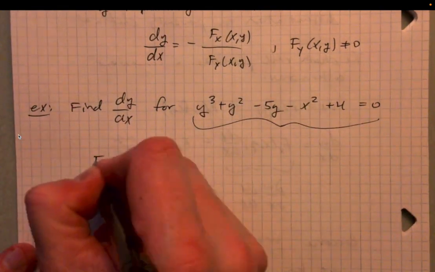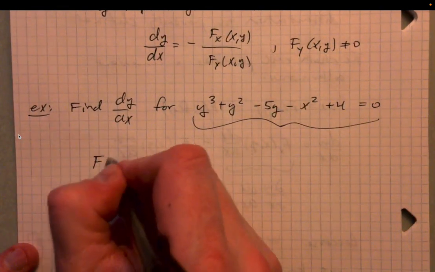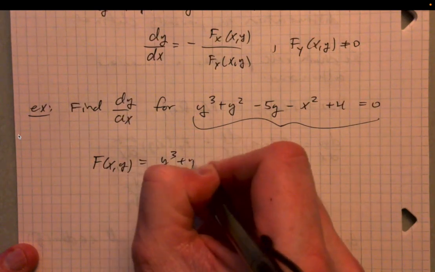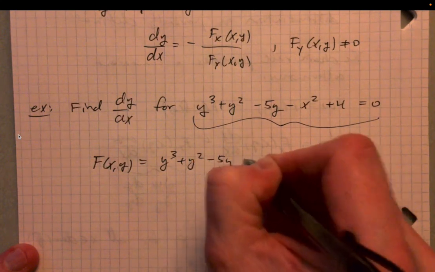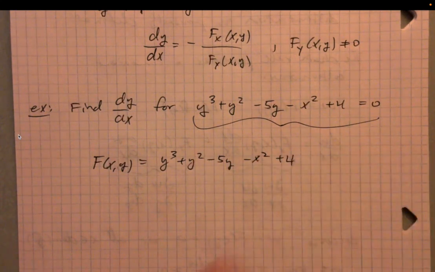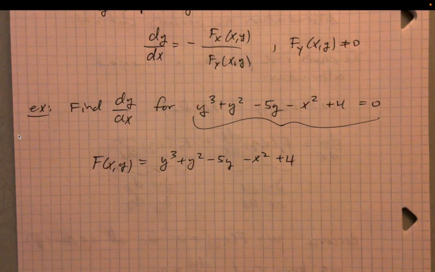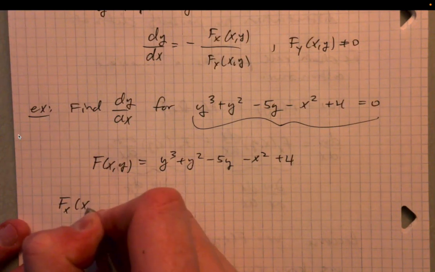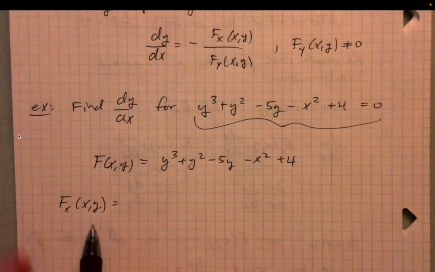So maybe we say f of (x, y) is equal to this expression. Then we just need the partials: the partial with respect to x and the partial with respect to y. So, f sub x. Now don't get confused by this notation.